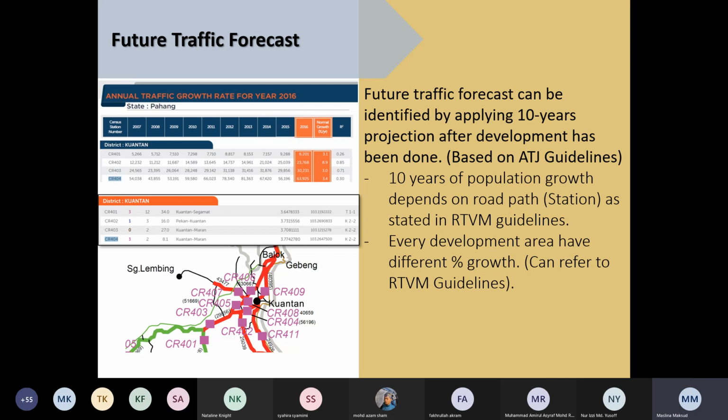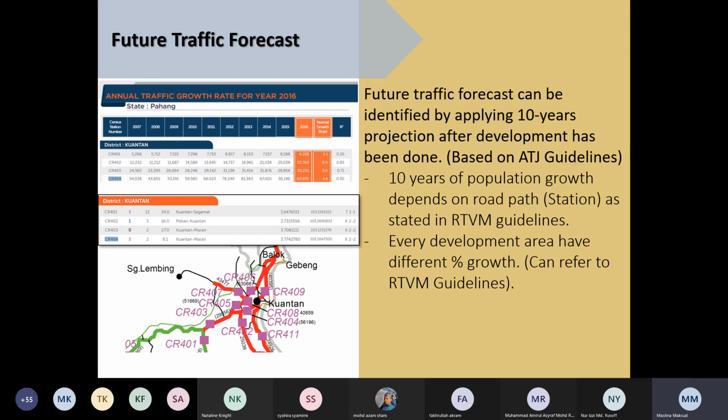So from the existing traffic data that we have collected, we can develop this future traffic forecast to predict the future traffic condition. The future traffic forecast can be identified by applying a 10 years projection after the development is done.